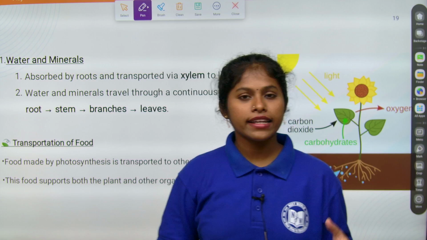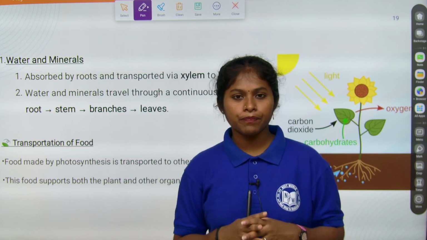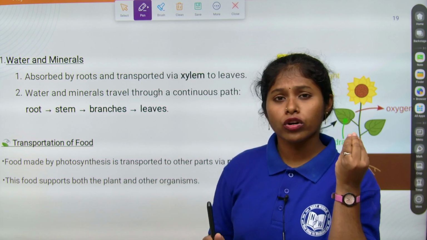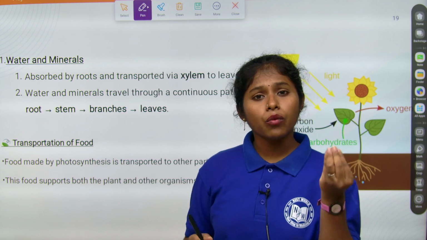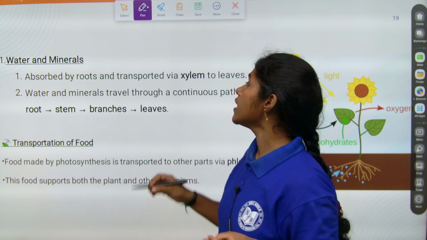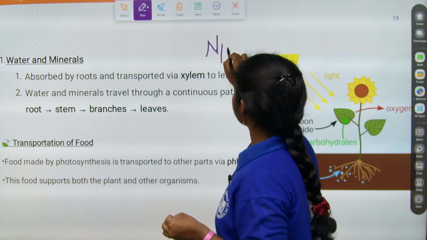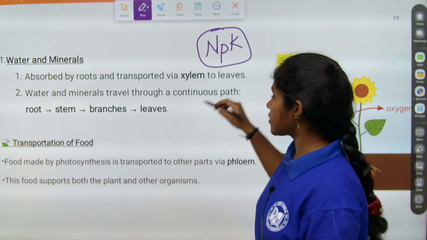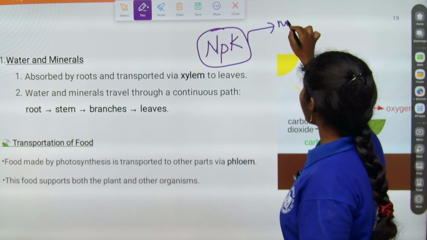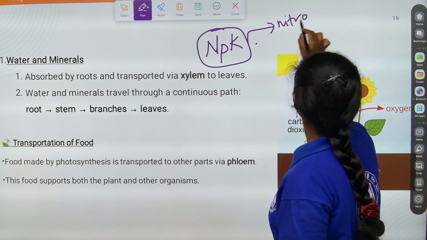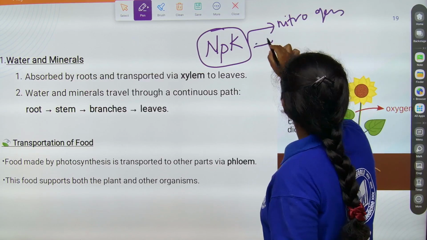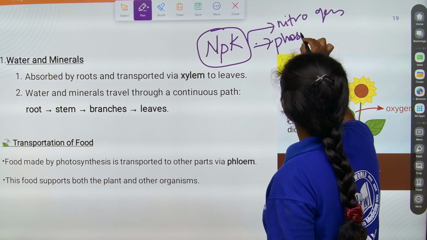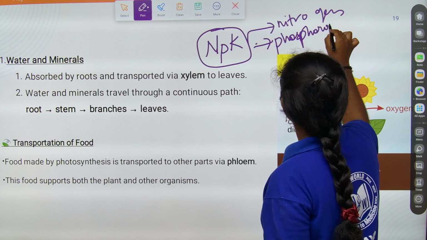Likewise, plants also require minerals. What are the minerals and nutrients required from the soil? NPK. You will learn about this in upcoming classes, right? Nitrogen is required, phosphorus is required, and potassium is also required.